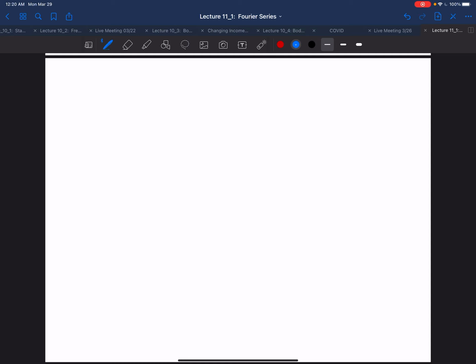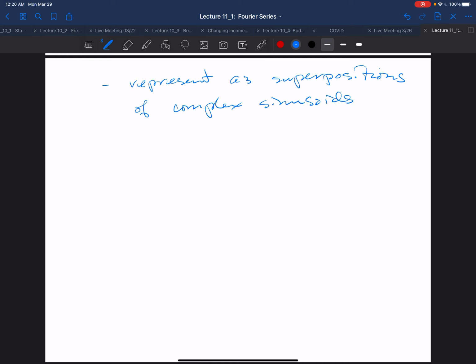So, what's the general idea here? We're going to start out by talking about complex sinusoids. So we should first talk about the definition of a periodic function.